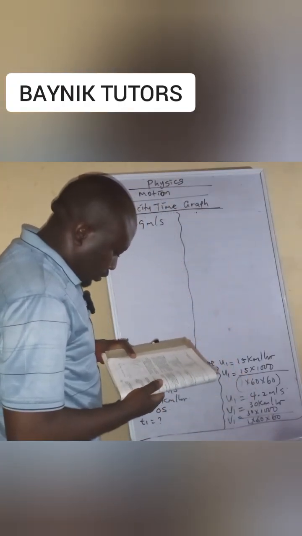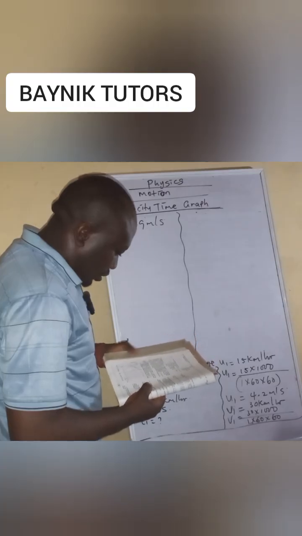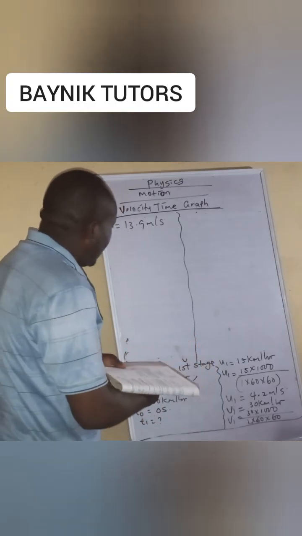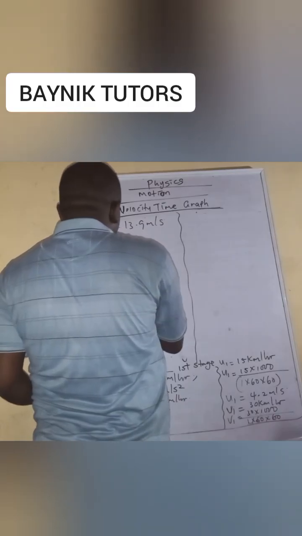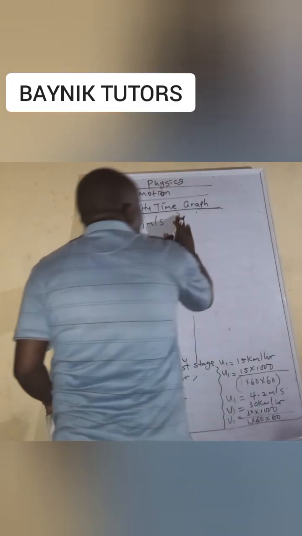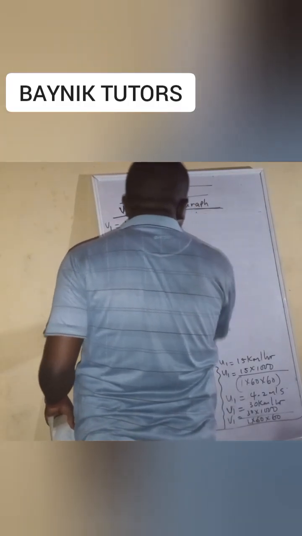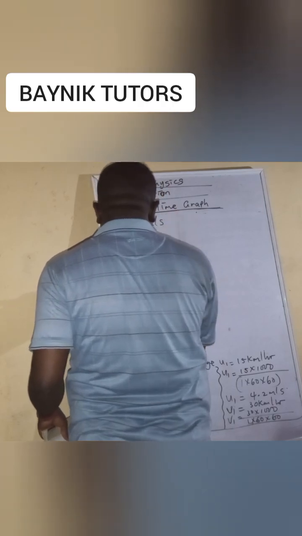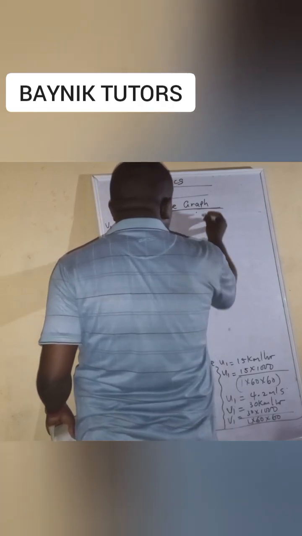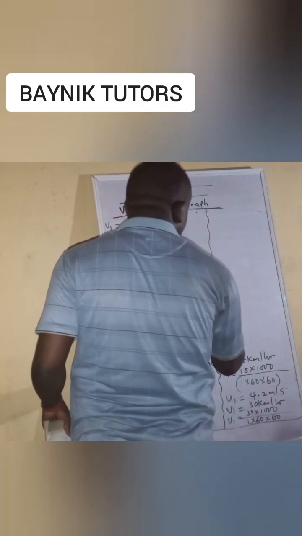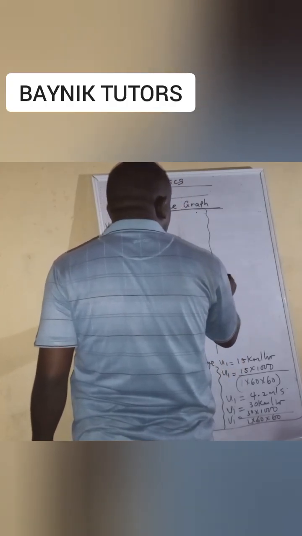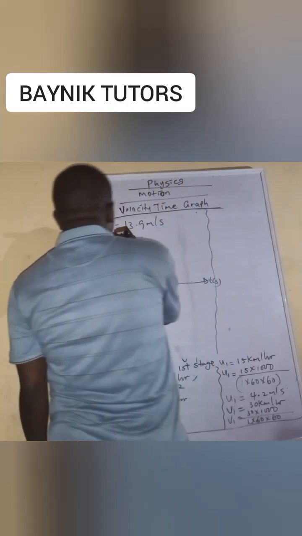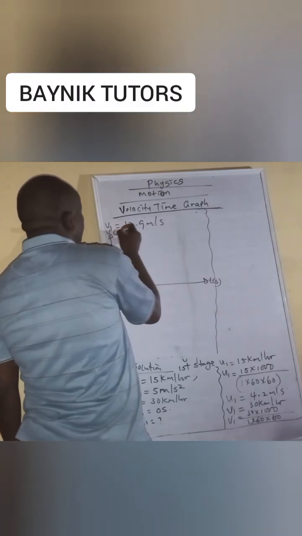So from the question we are told to find, let's draw the velocity time graph first. Velocity time graph for the question, so then we can keep our work going. T in seconds, velocity in meter per second.